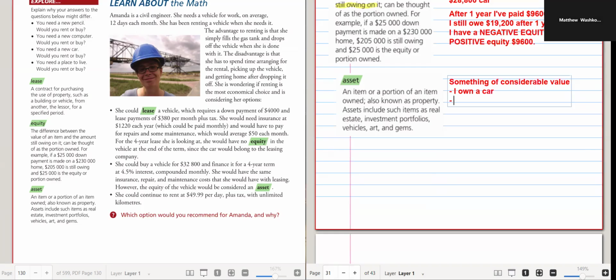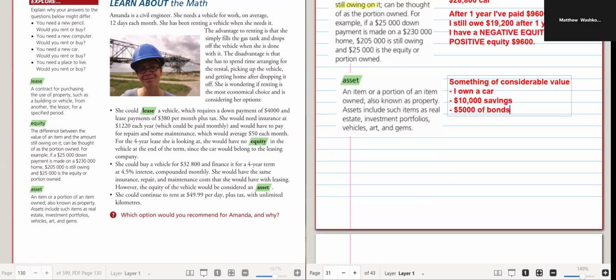So maybe I own a car. Maybe I have $10,000 in savings. Maybe I have, I don't know, $5,000 of bonds or something, whatever it is. It's something that has a value.